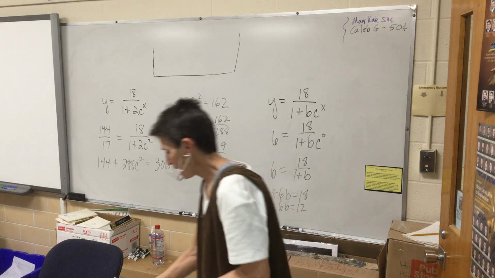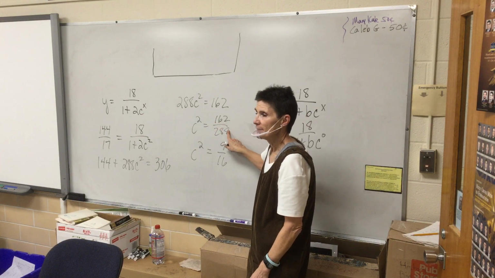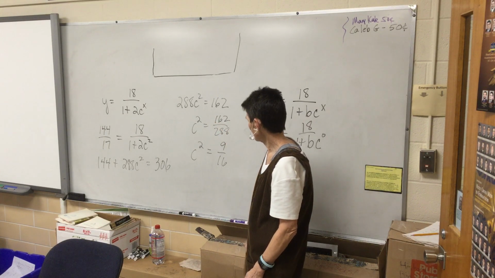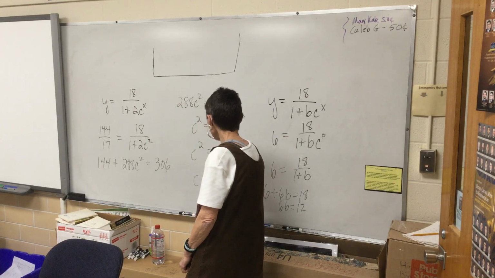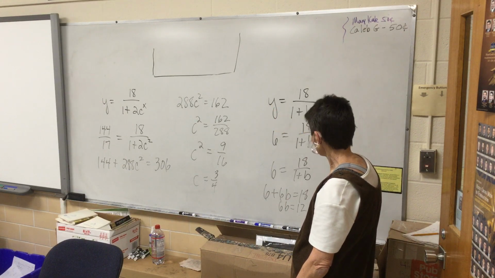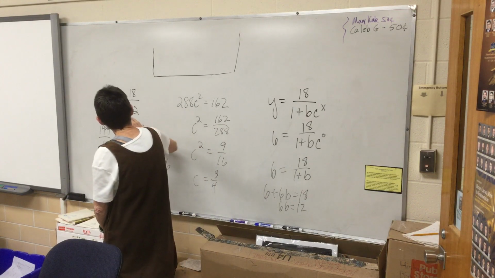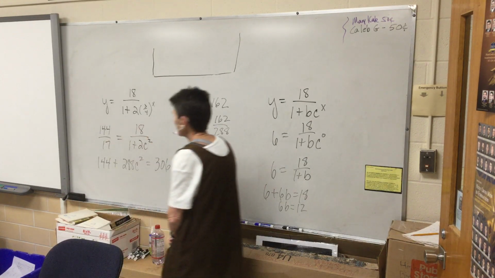Remember, to reduce your fraction, you can go ahead and type that in, and then hit math, enter, and it will give you 9/16. So c equals the square root of that, which is 3/4. So my answer is 18 over 1 plus 2 times 3/4 to the x.